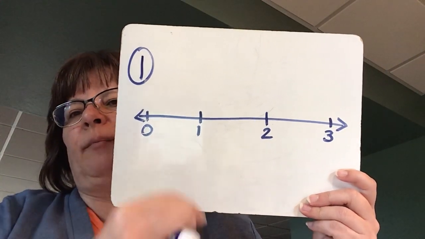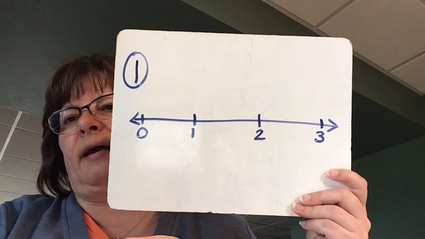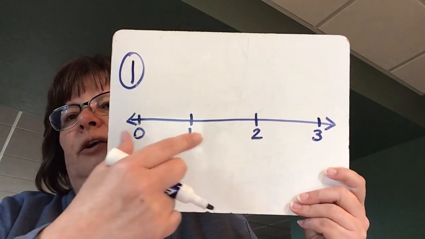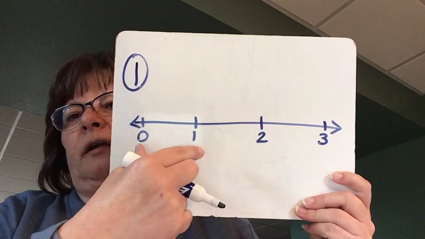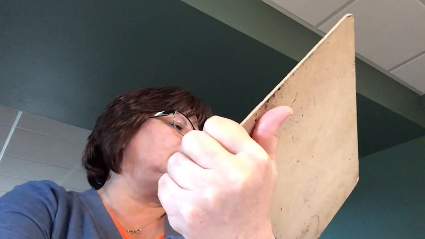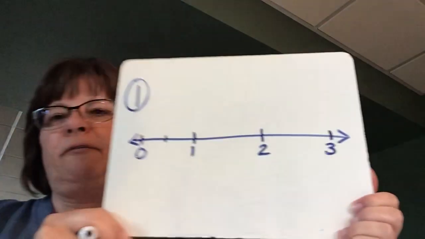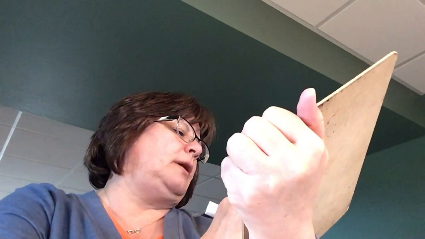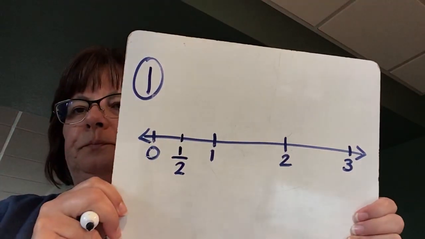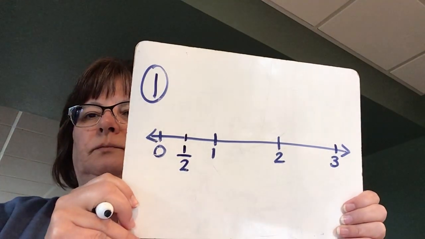So if we're going to label half on this one, 1/2, you're going to look at the whole here, 0 and 1. You're going to eyeball it to where halfway between there would be. And you're going to mark it 1/2. Okay?